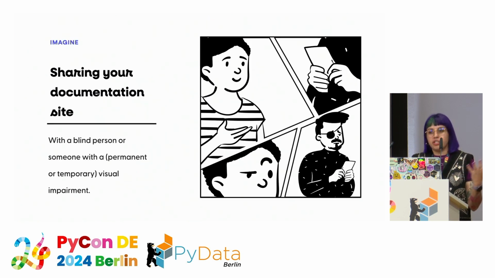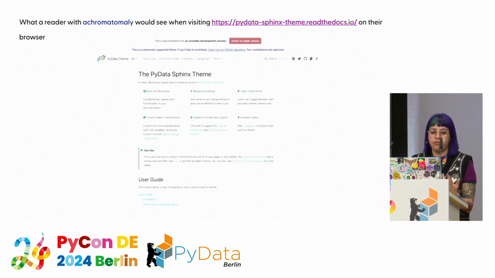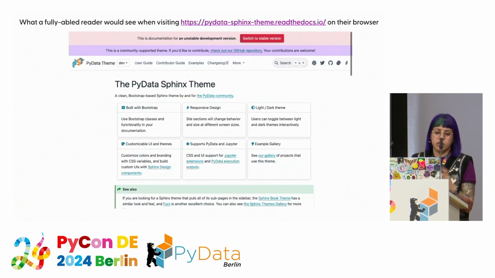So let's imagine that you're writing your documentation using this theme, and you want to share it with a blind person or someone with a permanent or temporary visual impairment, whatever it is. More than likely, if you are a fully abled individual, this is what you're going to see. This is how you're going to experience a documentation site built with the PyData Sphinx theme: colors, good layouts, grids, you can see the links and whatnot.